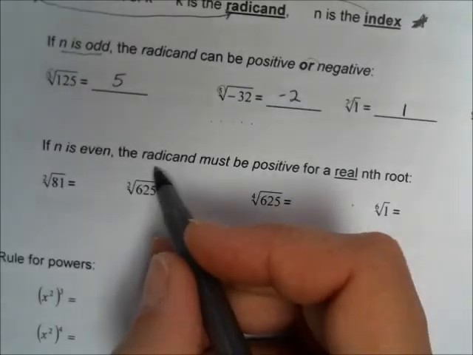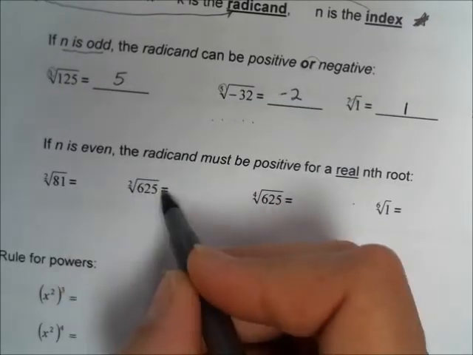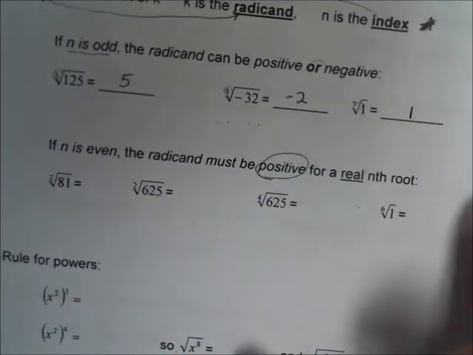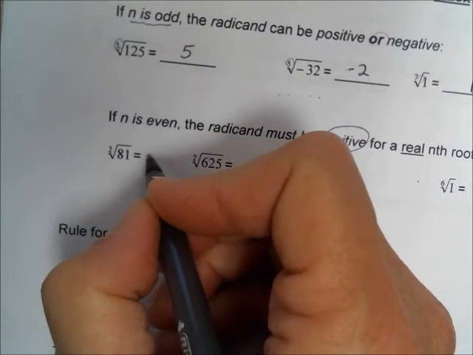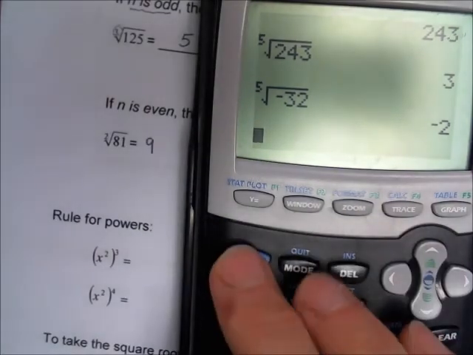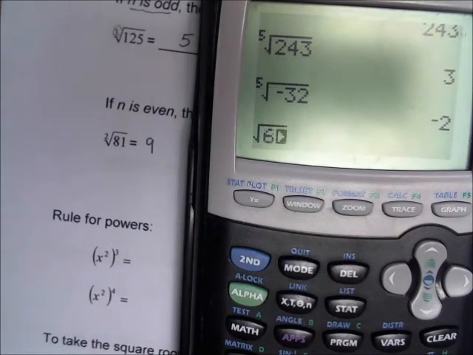But if n is even, the radicand, what comes underneath here, must be positive, or else it's not going to be real. So the square root of 81 is 9. The square root of 625, that's equal to 25.